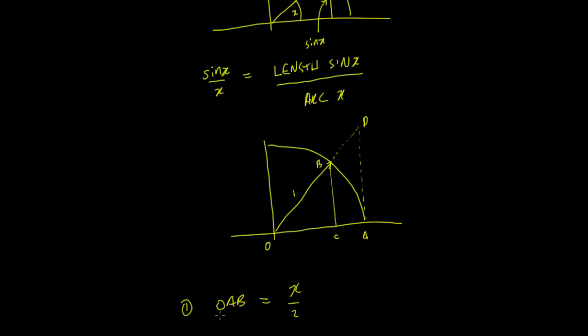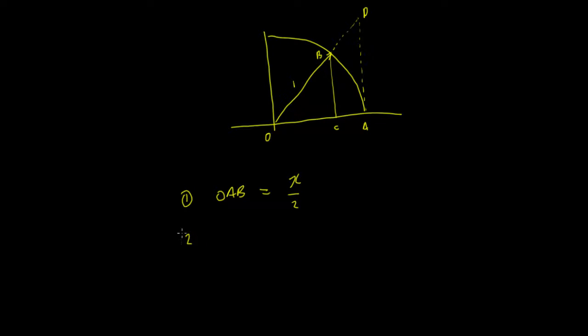Now the second one we're going to look at is the area of the small triangle. This distance here is cos x, that's x there. This distance here is sin x. So the area of that triangle is half base times height, so OCB, which is this triangle here, is equal to a half times the base, cos x, and the height is that height there, which is sin x.